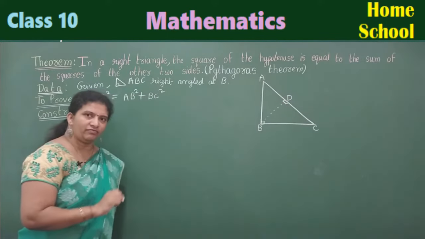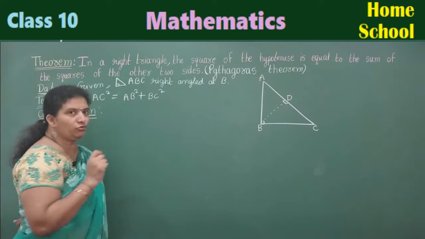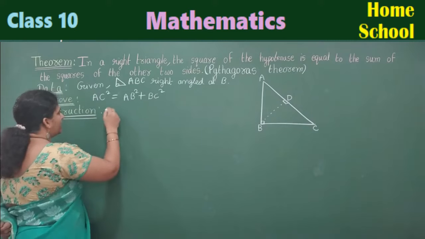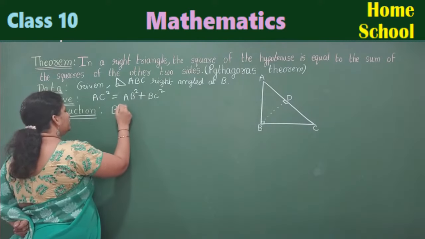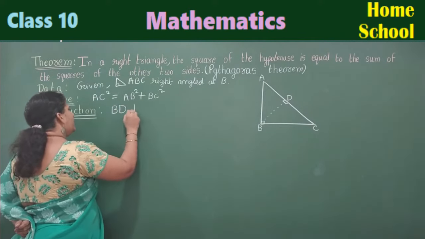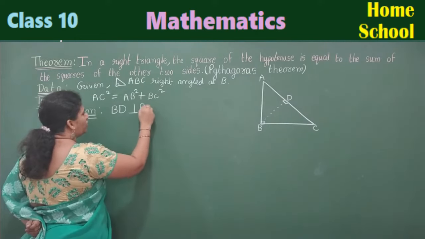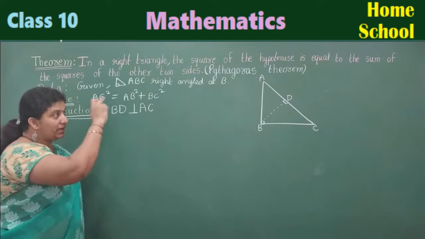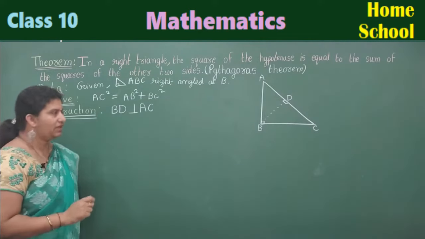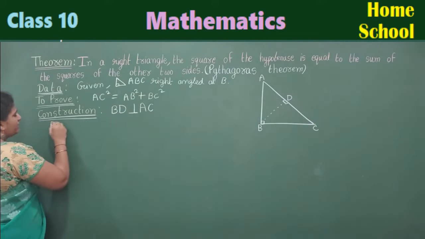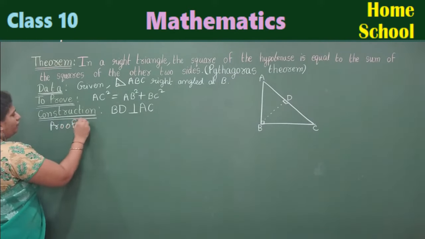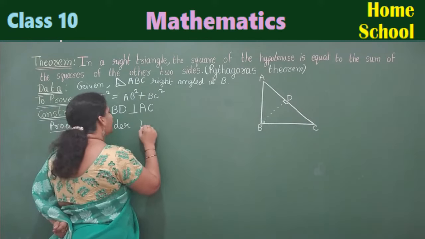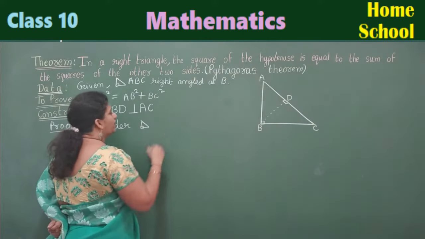Similarly what we have done before theorem, same manner, but here only two cases we do for this theorem. So, what is the construction I have done here? Draw BD perpendicular to AC. Draw BD perpendicular to the AC. Next, how do we start our proof? Consider triangle. You can write right triangle also.